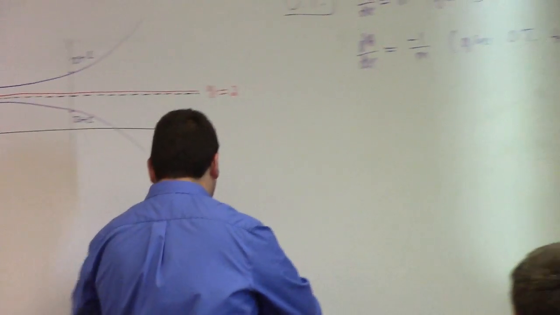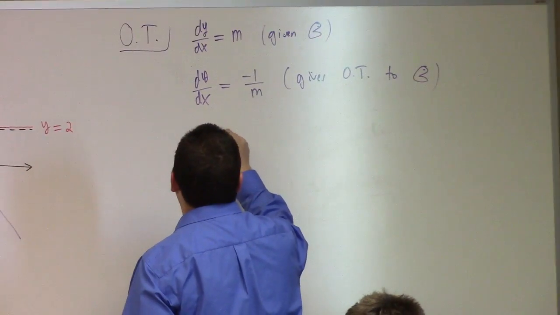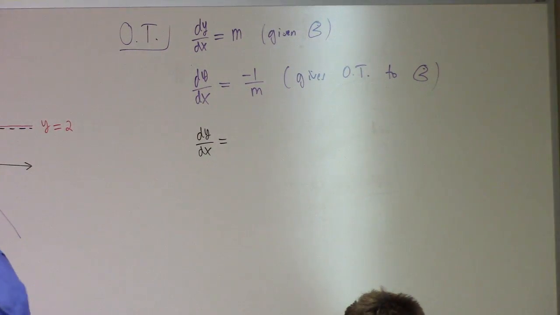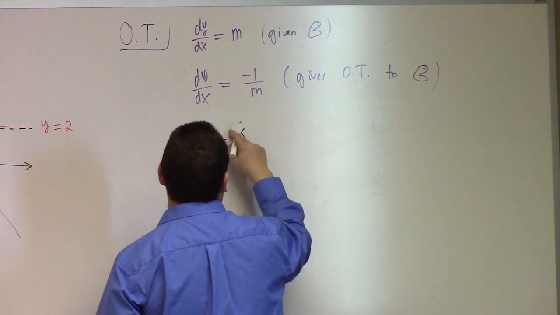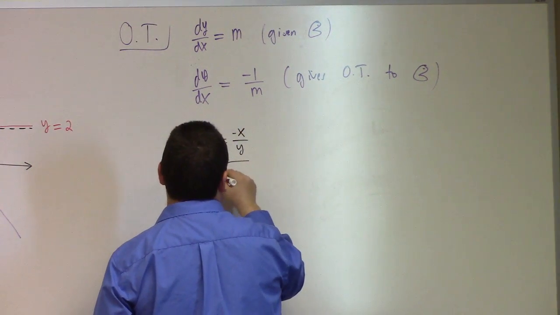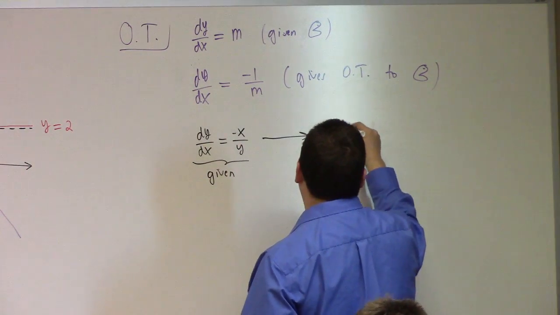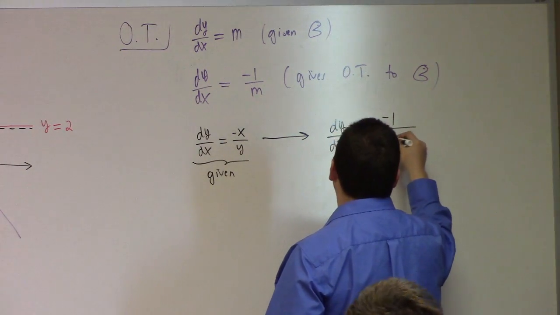So for my circle example, we take our dy/dx, which is what? Minus x over y, right? That's what's given. And we trade that for dy/dx equal to minus 1 over minus x over y.